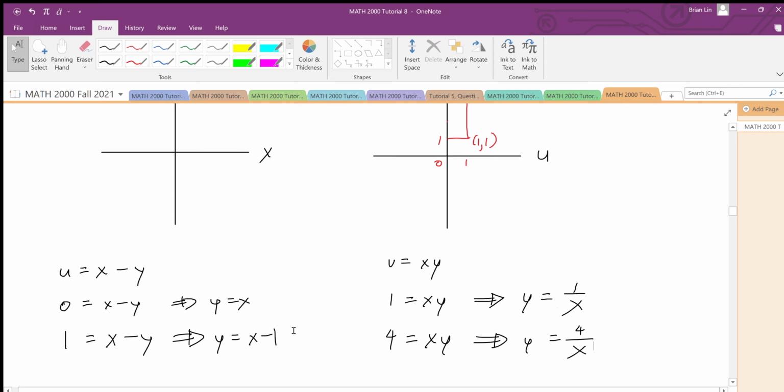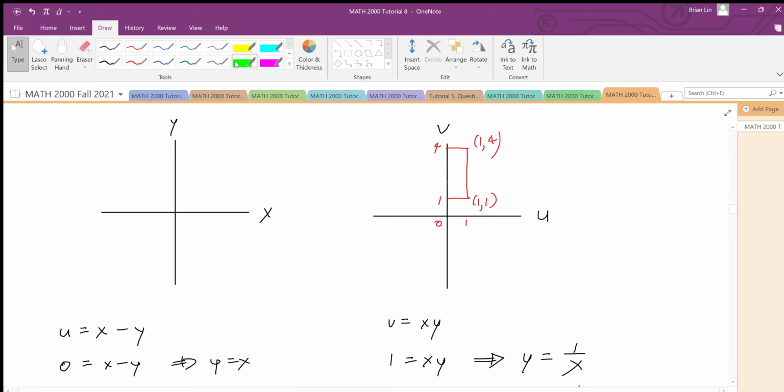So u equals 0 is y equals x. So if we have this straight line that goes through the origin, that's y equals x.